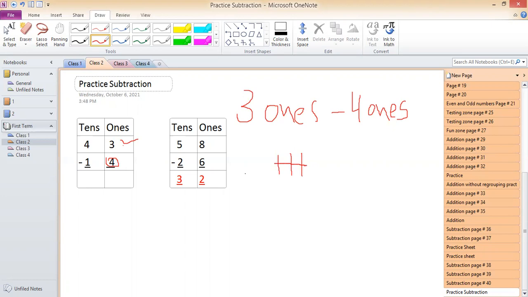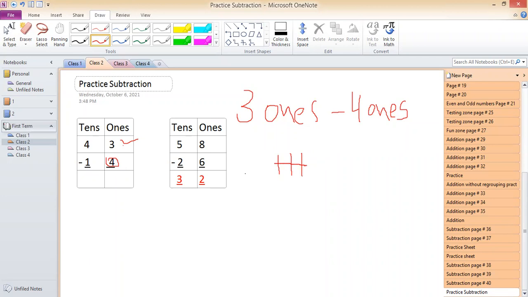I give you an example. Let's suppose you have 3 candies. If I ask you to give me 4 candies, can you give? No. You have 3 candies.